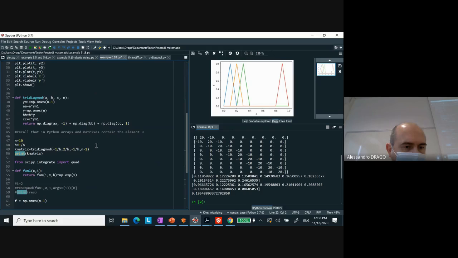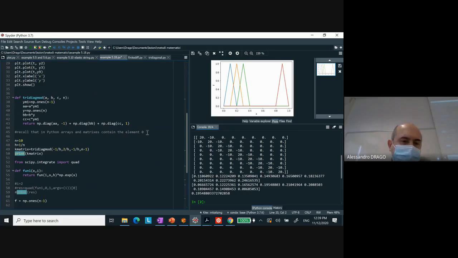And finally, a little point: we start with the element 0. So recall this, when we have an array or a matrix in Python, they are labeled starting with 0. So this sometimes can be quite annoying, and I must admit that I have still to come to terms with it.